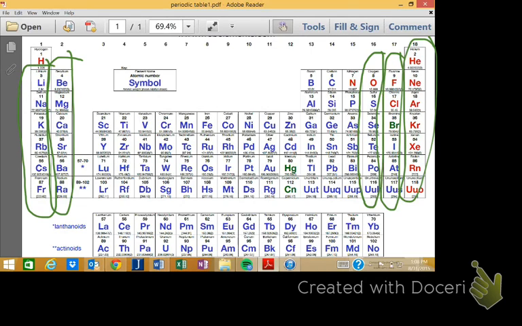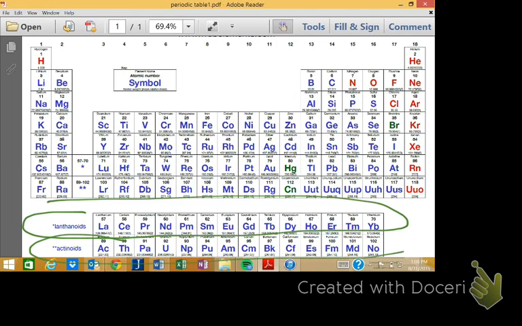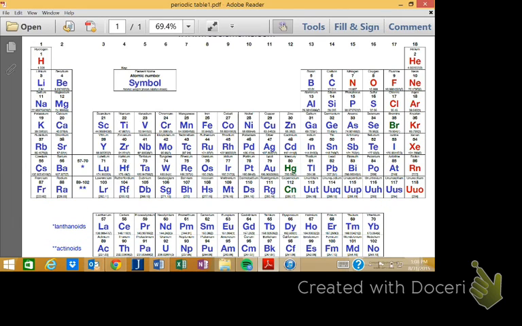And then the last two that are special, which they're already given down here, are the lanthanoids, or sometimes called the lanthanides, and the actinoids and actinides. And the way that this is set up, it's kind of odd in that this little section here is where 57 through 70, so lanthanum through ytterbium, actually is supposed to fit right there. That's like a little insert.